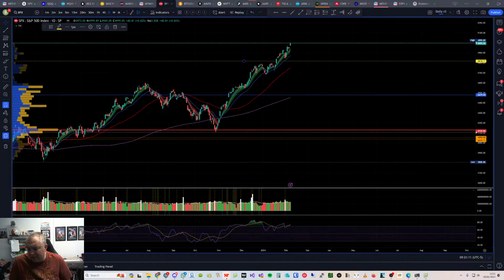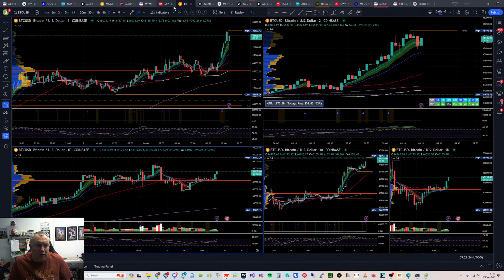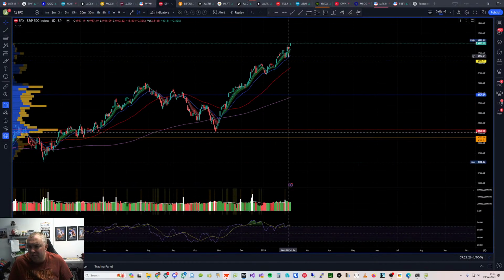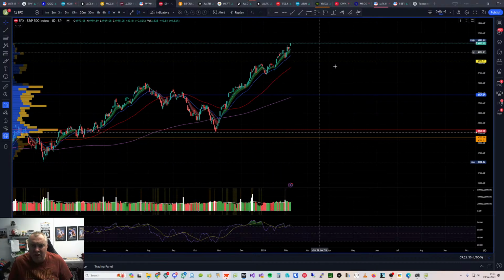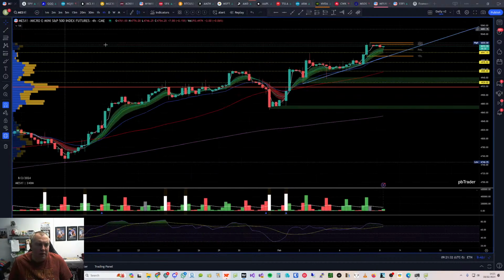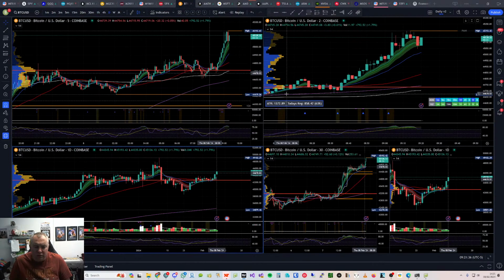So maybe if we come back down into the 20, we can look for a bounce as well in that area. Or not on the SPX, but you can take a bounce on MES or SPY. Lastly, obviously I want to keep an eye on 5,000 again today. Big psychological number on the SPX, and if it rejects off of there, we can probably expect MES and SPY to reject as well.